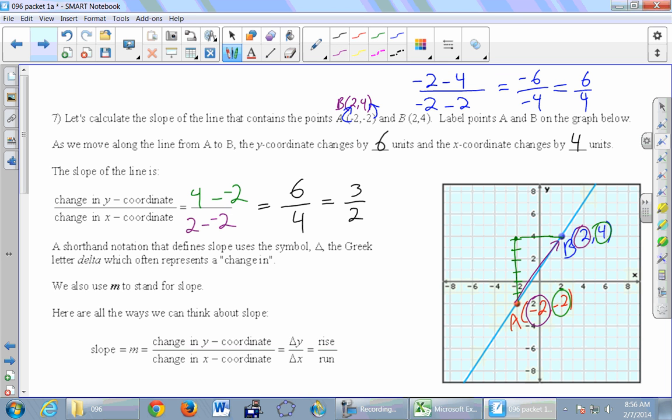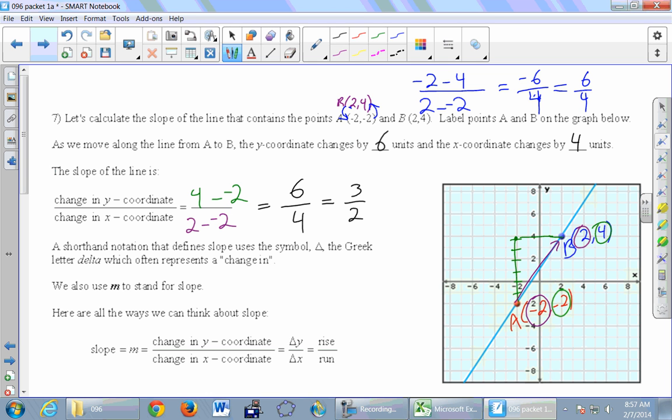You can mix up which one goes on top. It's always the y over the x. Or you could not be consistent in the order that you subtract. So if, for example, over here, upstairs I did -2 minus 4, just like I wrote, but downstairs I subtracted in this order, 2 minus -2, then we're going to get -6 over +4, which is a negative number, which is wrong. This is a positive slope, right? So just have to keep those two things in mind as we calculate slope.